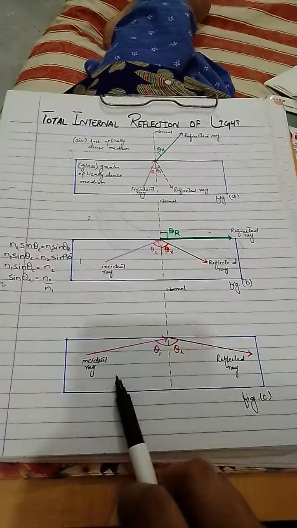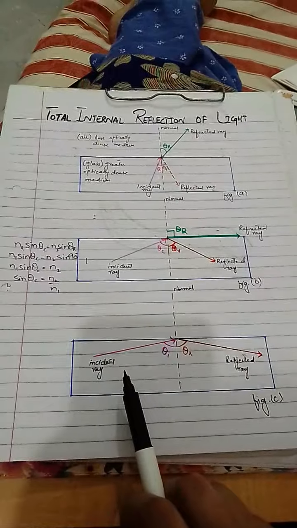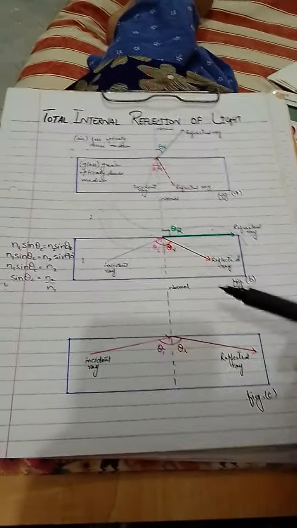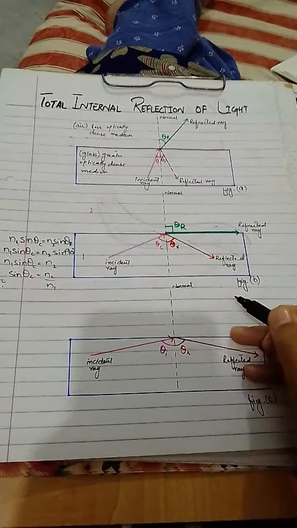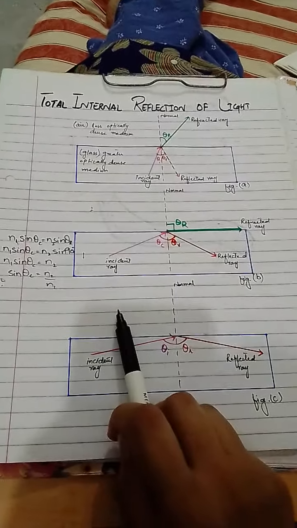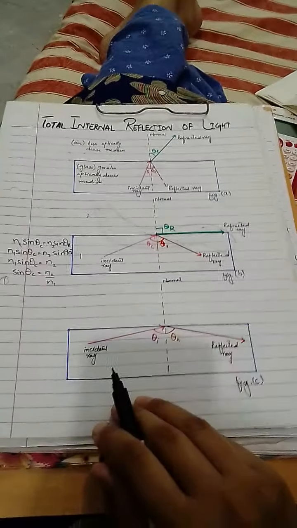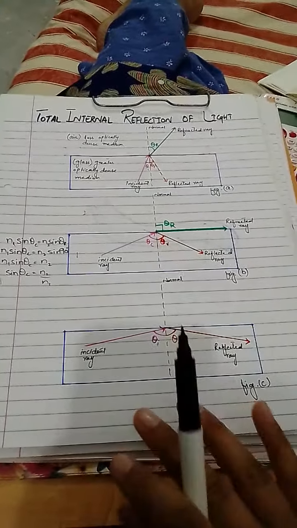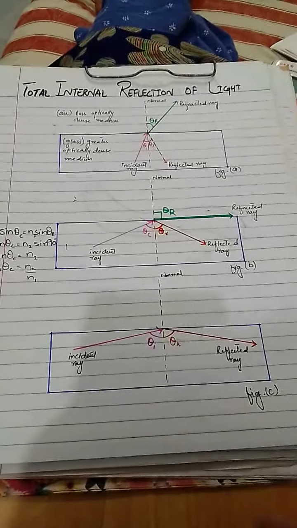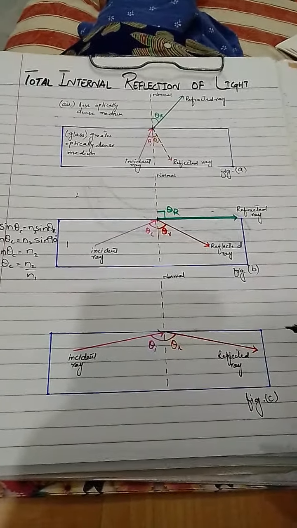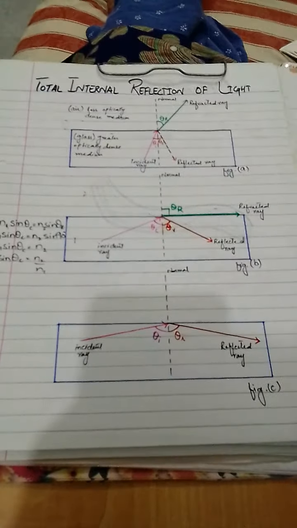So if it moves towards the normal, then glass is the optically denser medium. And in the case of air, the refracted ray would move away from the normal, so this would be the optically less dense medium. Now, we have studied the first condition, which is that light must travel from an optically dense medium into an optically less dense medium, of course.